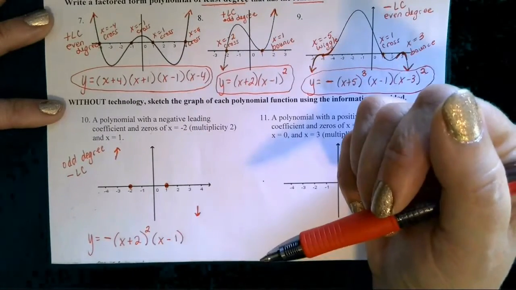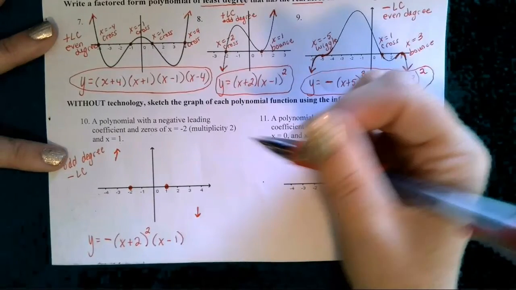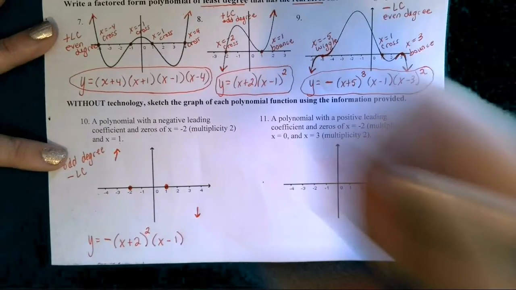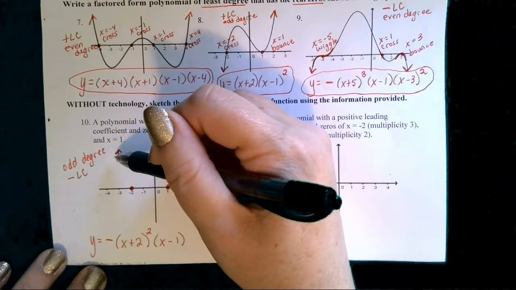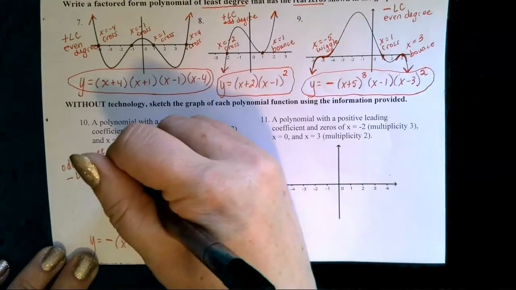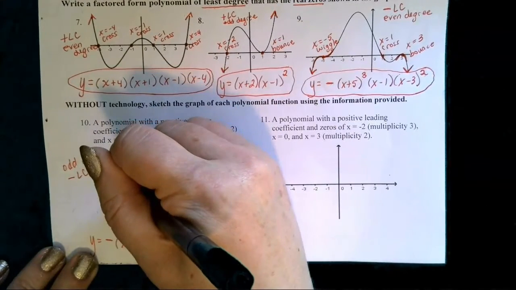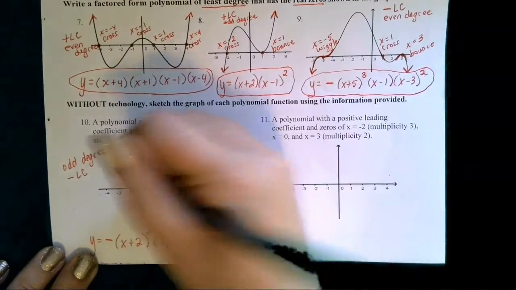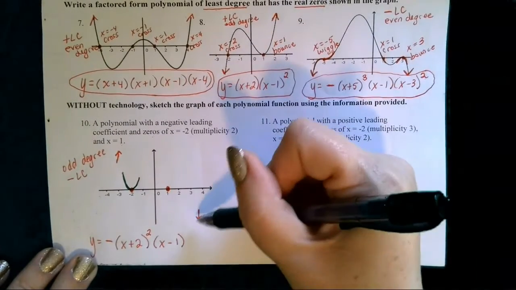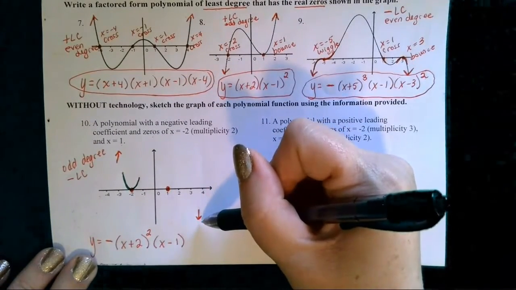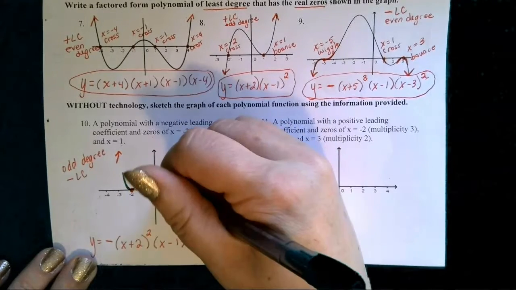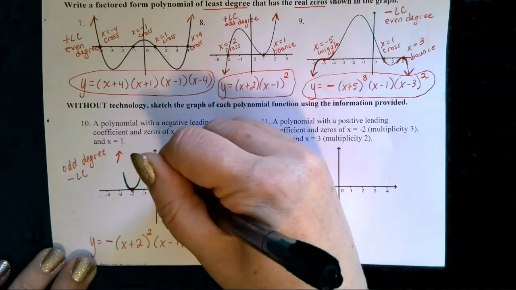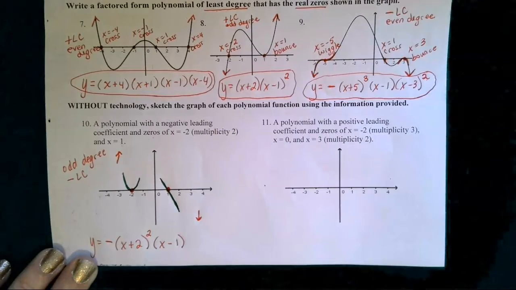So now that I see my ends here and my zeros, I know I have to start up on the left, so this bounce has to face up. Right, it's going to bounce this direction. And then it has to end on the right going down toward -infinity. So this cross at this linear factor has to head down like this.